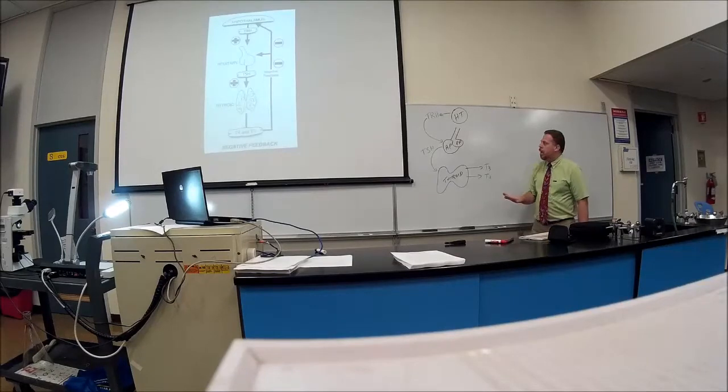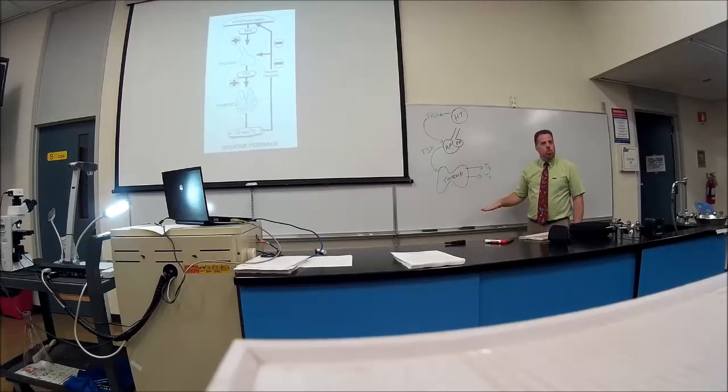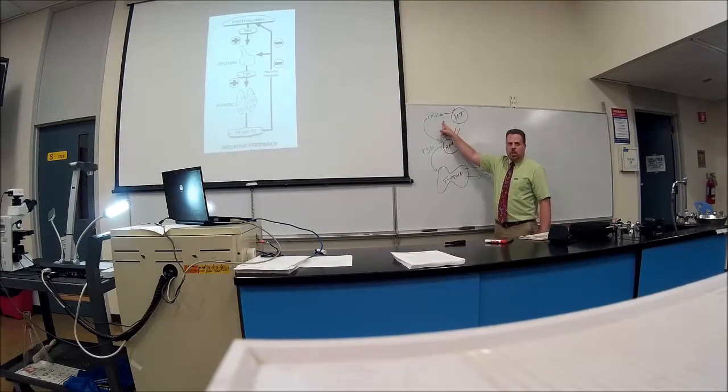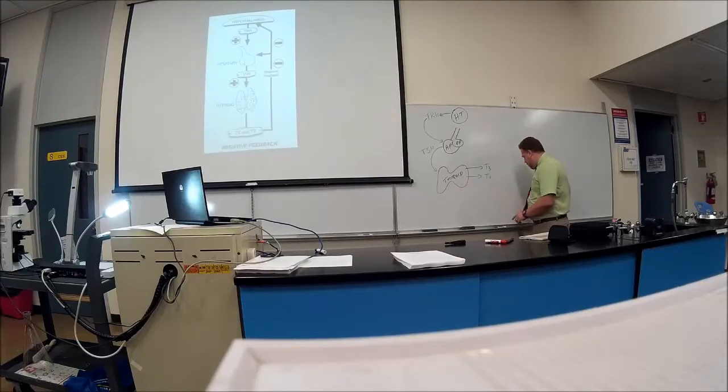Make sense? Now, if this goes on all the time, which it would, are we going to increase this or decrease it? If TRH is always coming out, and that's going to tell the anterior pituitary to always make TSH come out, what's going to happen to T3 and T4? Is it going to increase or decrease? Increase.